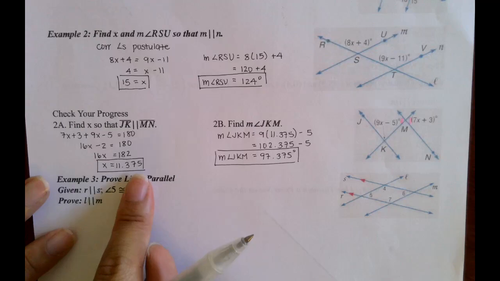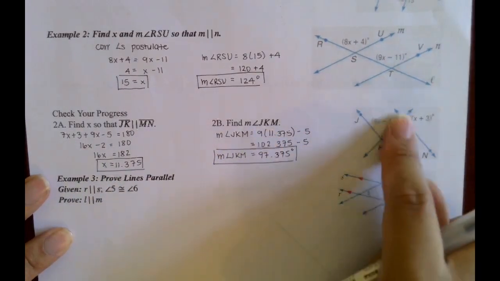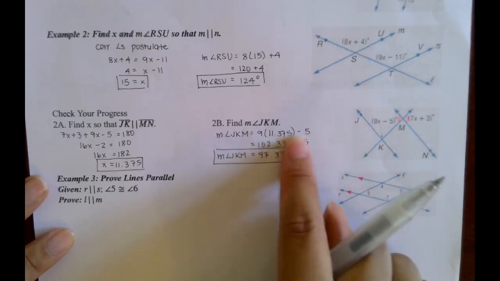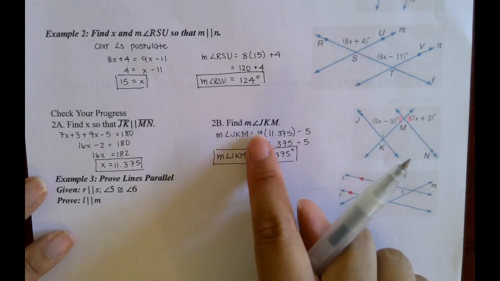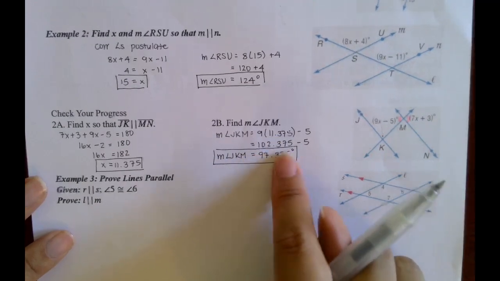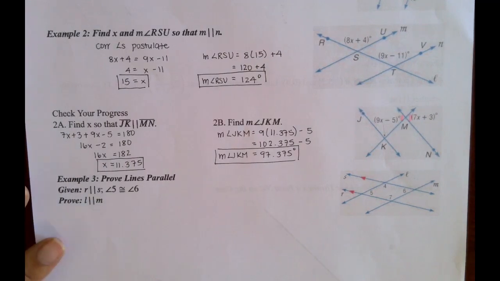So once I have that, I can use that x to plug in for JKM, which I know is 9x minus 5. I can substitute 11.375 for that x. 9 times 11.375 is 102.375 minus 5. That gives me 97.375.